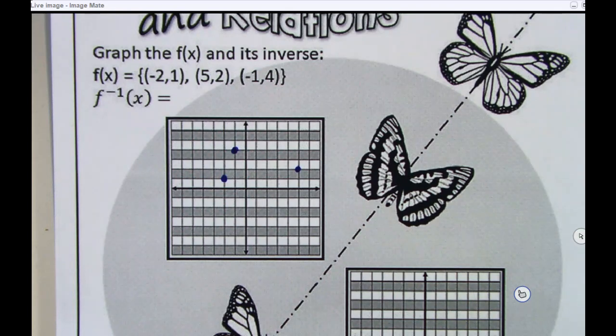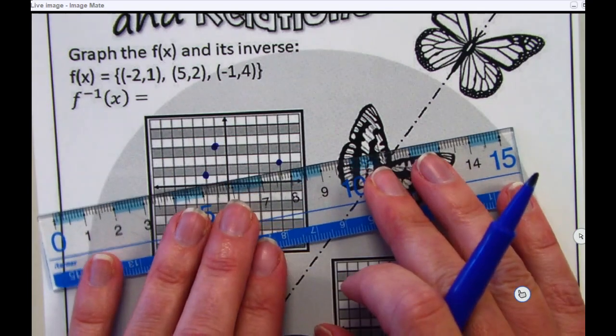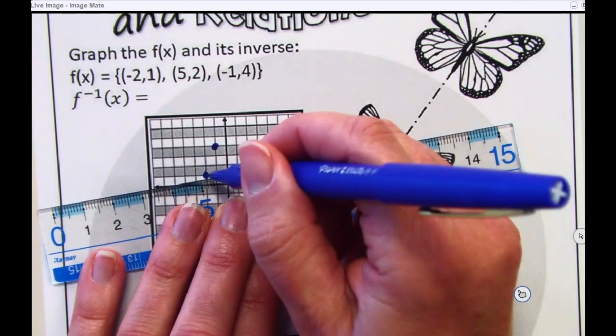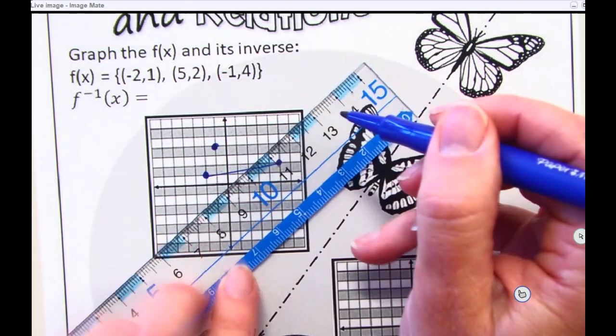Now, those are a list of points, and normally I would never tell you to connect them, because there's nothing that says to connect them. But just for the sake of being able to see this better visually, I would like you guys to make the triangle.